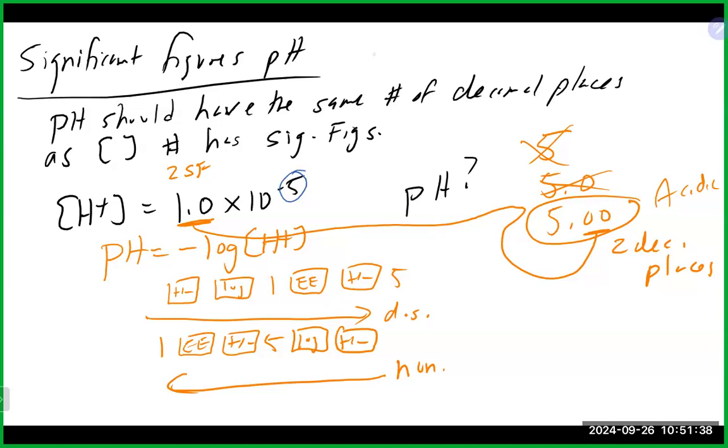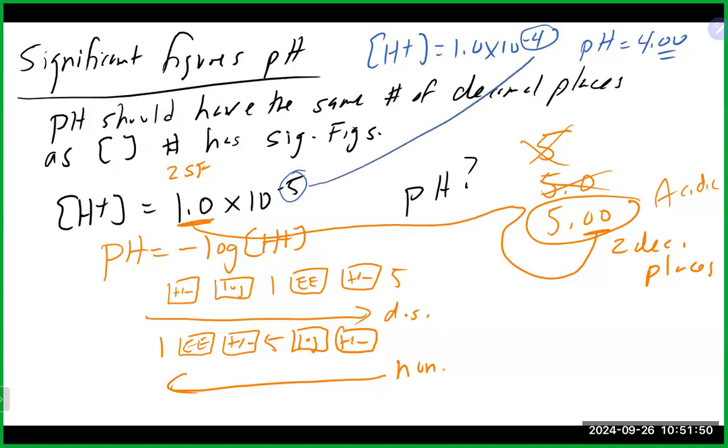So if I had an H plus concentration of 1 times 10 to the minus 4, the pH here would be 4. And what we see is for every power of 10 change that we do, the pH changes by 1. Any questions on that there?